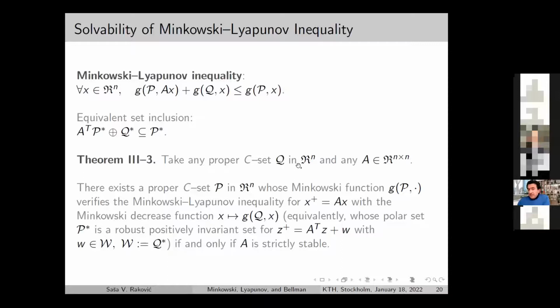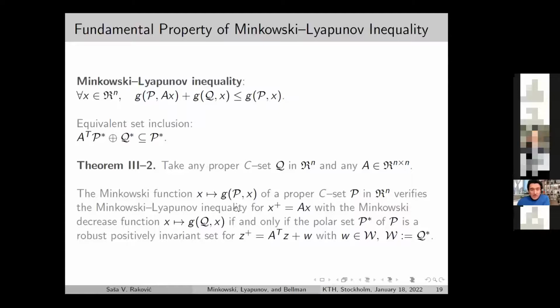If you take any proper C set Q and any matrix A, there exists a proper C set P whose Minkowski function verifies the Minkowski-Lyapunov inequality for the system X plus equals AX and Minkowski decrease function X to QX, if and only if the polar set P star of P is a robust positively invariant set for this polar dynamics, uncertain linear dynamics, okay?